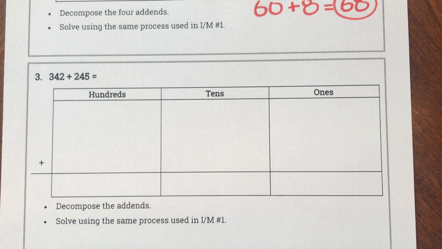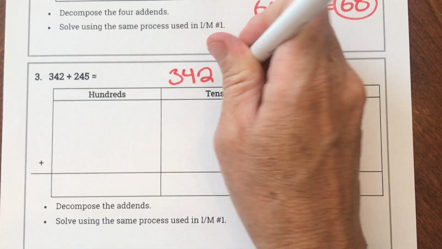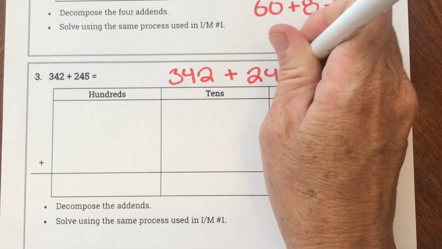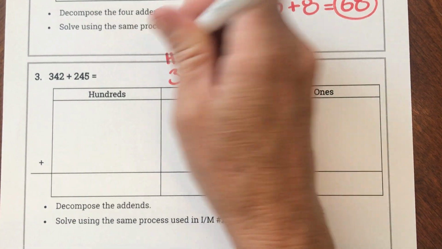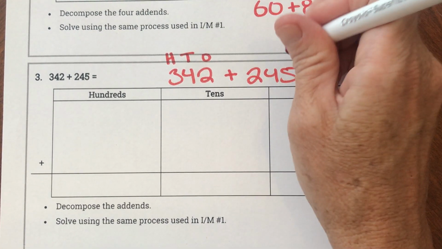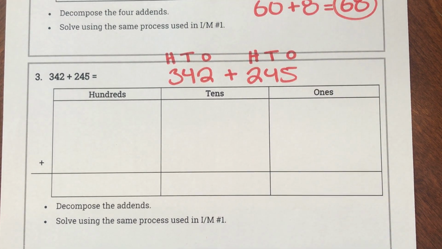Okay, so I'm going to write it like I did last time. I have 342 plus 245. So I have ones, tens, and this time I also have hundreds. Ones, tens, and hundreds. Okay, so I'm going to draw these.